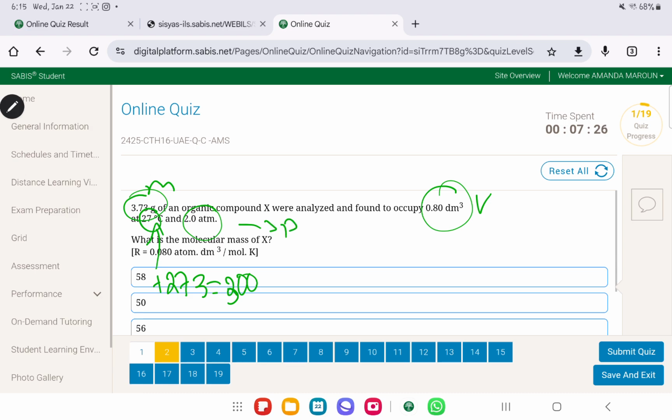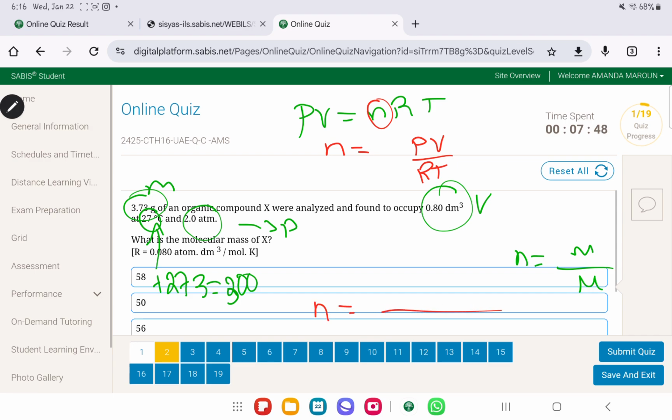Very simply, we know PV is equal to nRT, and n is equal to what? The mass over molar mass. So to find the value of the molar mass, we are just gonna make the number of moles the subject of this equation. So then it becomes n is equal to PV over RT. So the number of moles is equal to PV. What is PV?